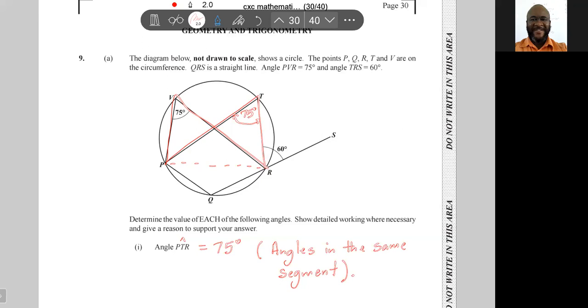They are called angles in the same segment. So the angle at T is 75 degrees.